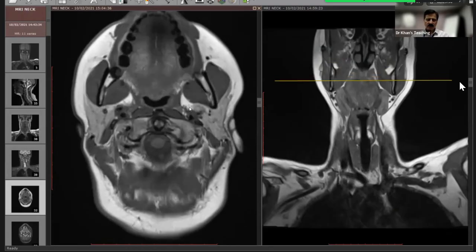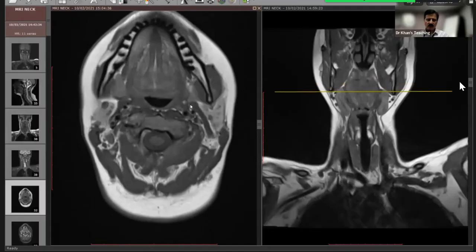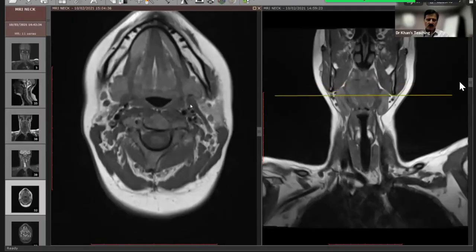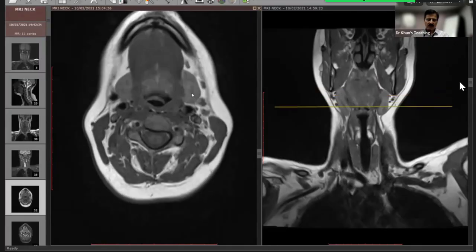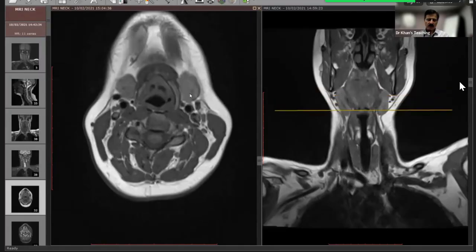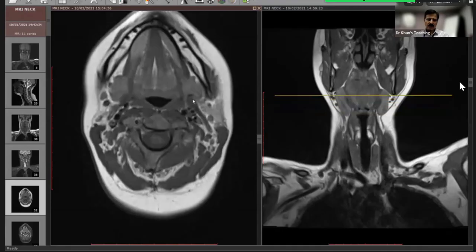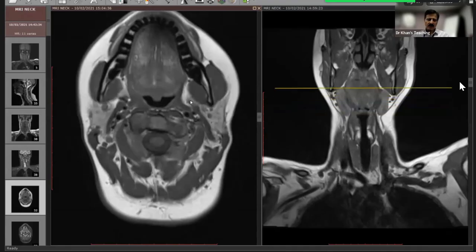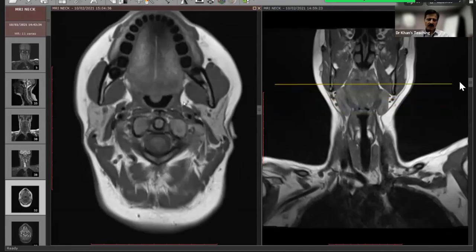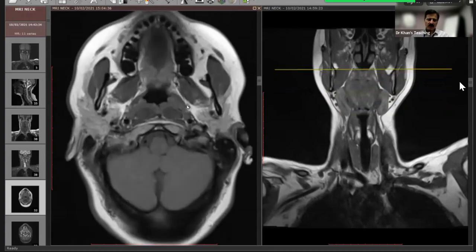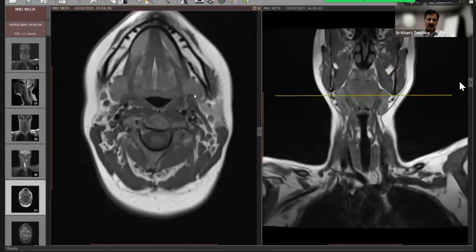Look at this fat, and let's trace it downwards. And as we go down, you can see that this is the submandibular gland. This is the submandibular gland. I'm going to trace it upward once again. And from here onward, it becomes better visualized. But down here, it becomes quite attenuated.